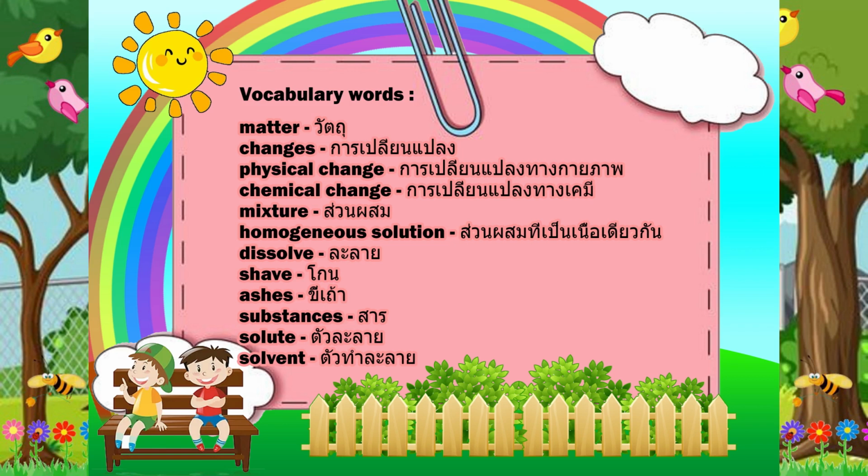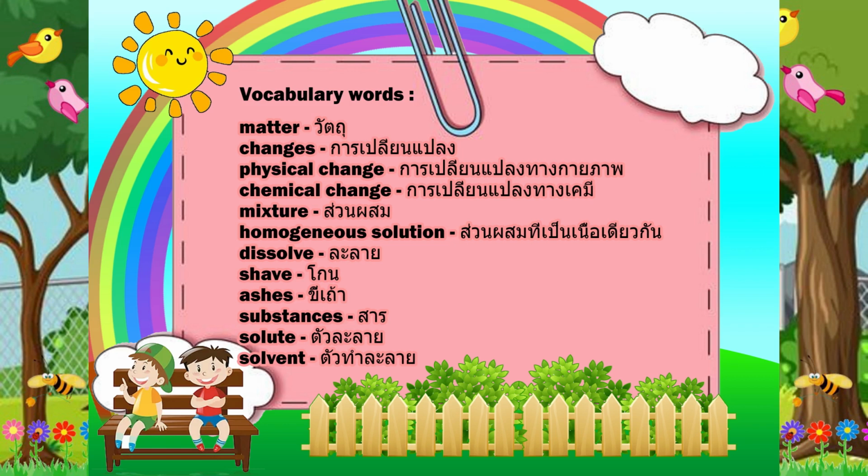Okay, so as well, before we begin, let us first look at these different vocabulary words that we have prepared for you. So these words are already translated in Thai for your reference. As we go along with our lesson for today, feel free to pause this video and copy these vocabularies in your notebook.